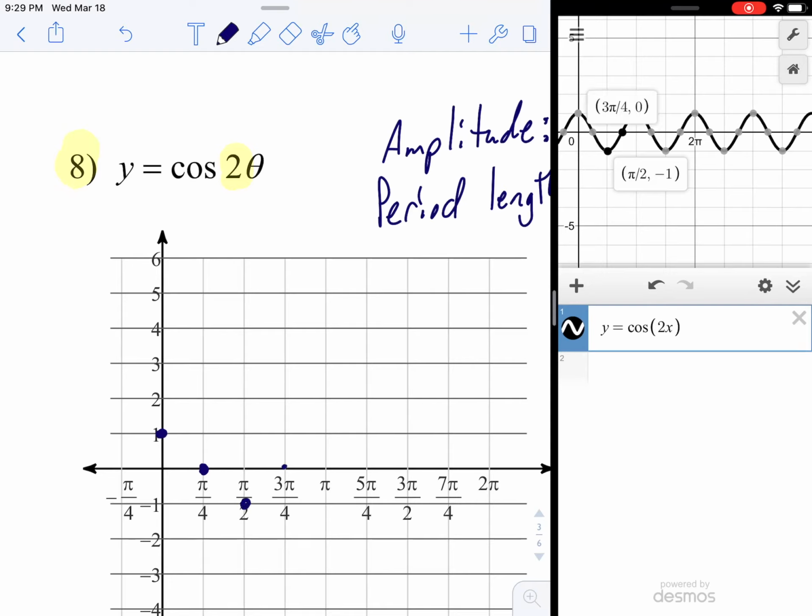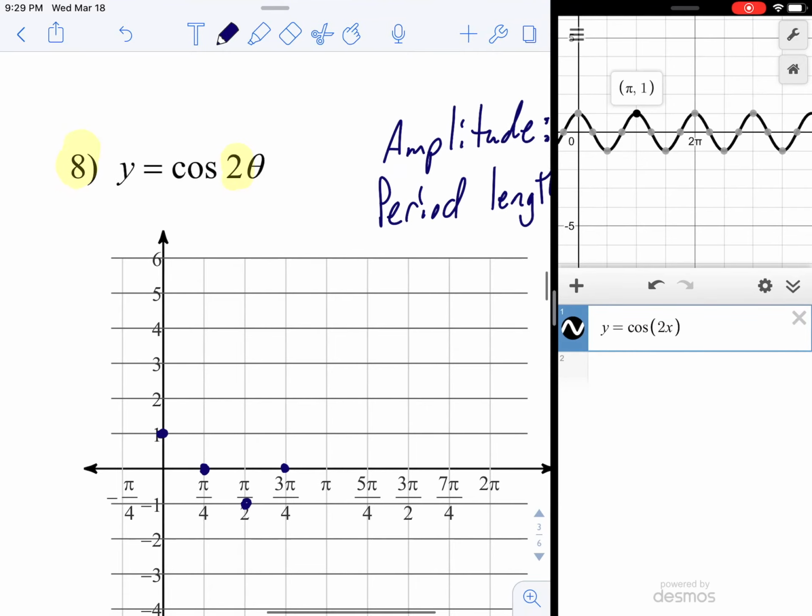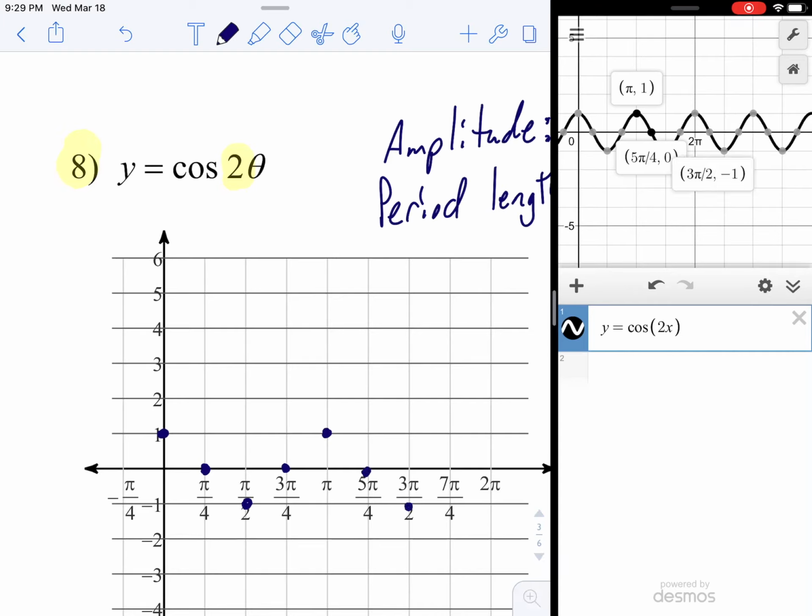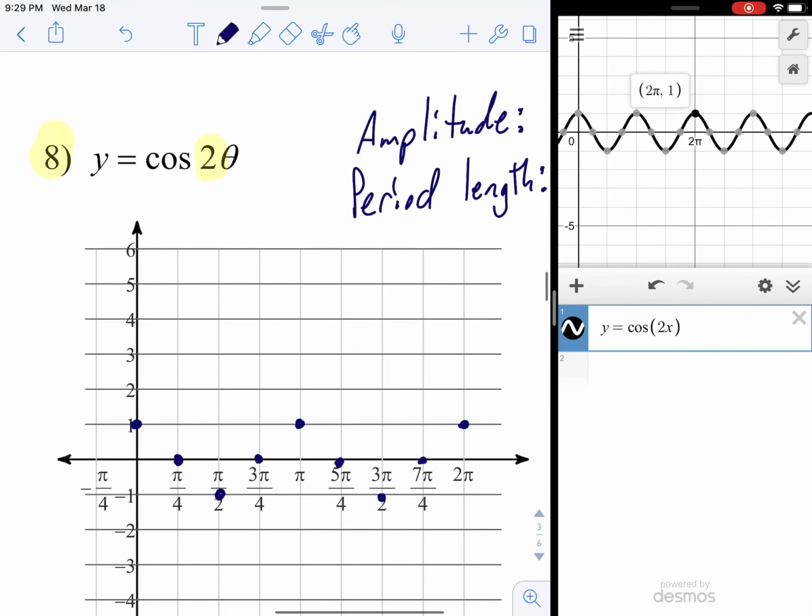Goes through the x-axis again at 3 pi over 4. Has a maximum point at pi, 1. 5 pi over 4, 3 pi over 2 is a minimum, 7 pi over 4 is the x-intercept again, 2 pi, there's another maximum, and so we get more waves packed into the same size space, I guess, however you want to say that.